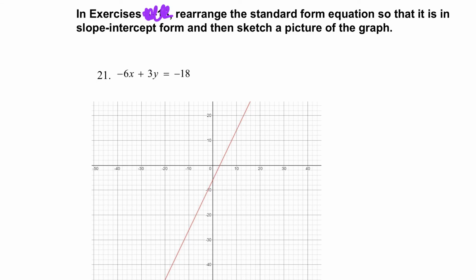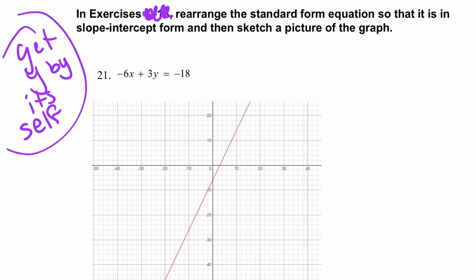So in these two questions, we're actually going to go from standard form to slope-intercept form. It's given to us in standard form, and I need to get y by itself. That's the whole goal, is to get y by itself to get into slope-intercept form. So I'm going to add 6x to both sides.